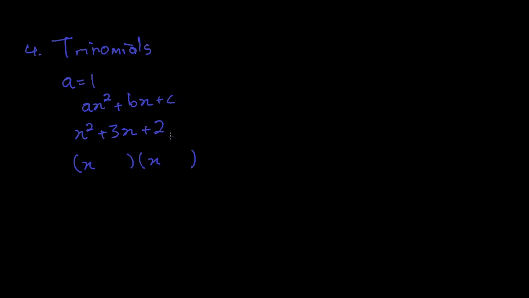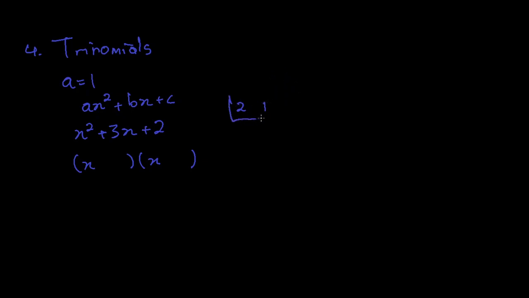Then for the second terms, you're going to look for factors of 2. You have to allocate factors of 2. The factors you allocate are those numbers that, when you add or subtract, should give you the middle term. The factors of 2 are 2 and 1, in whatever order you put them.